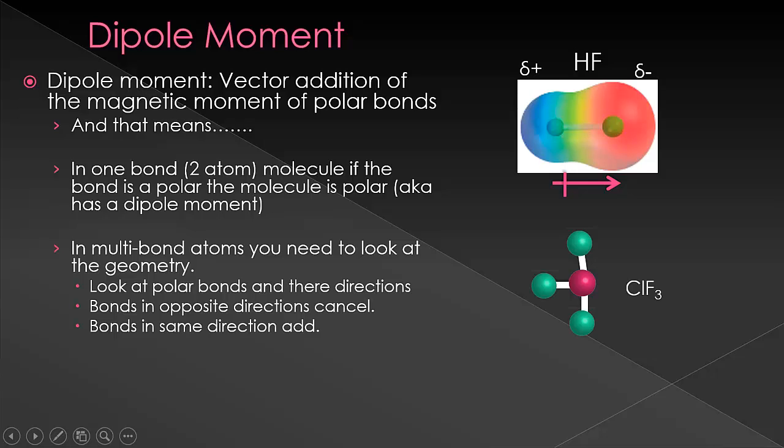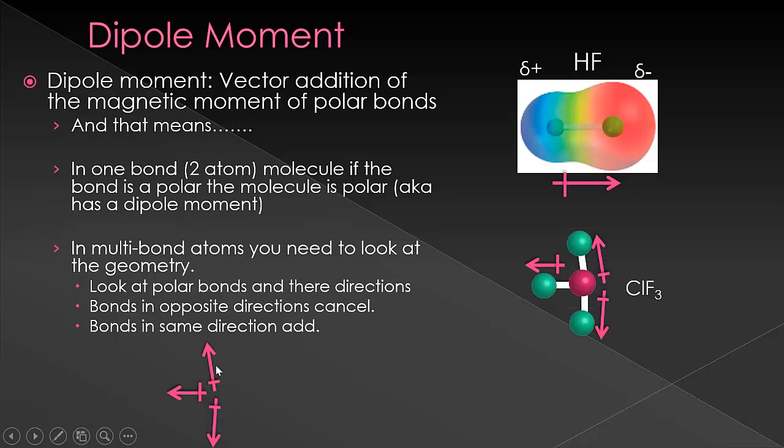Okay, so let's look at the polar bonds and look at the directions and see what cancels out. This is what they mean by vector addition. We know that each one of these bonds will be polar, so we have three polar bonds. If we take all of these vectors and add them up together, we can see that the top and bottom ones are going to cancel out.